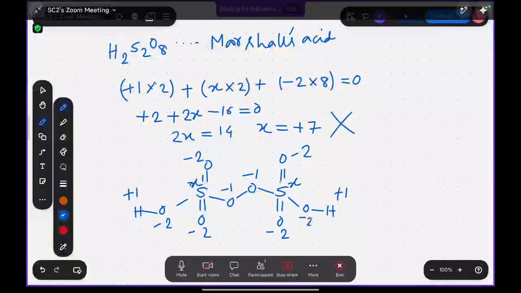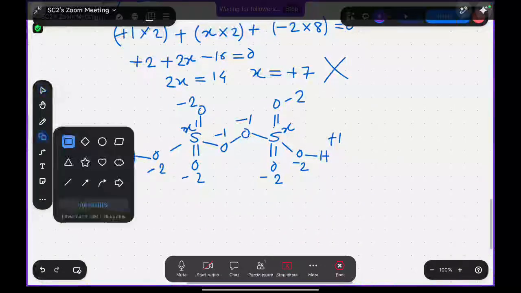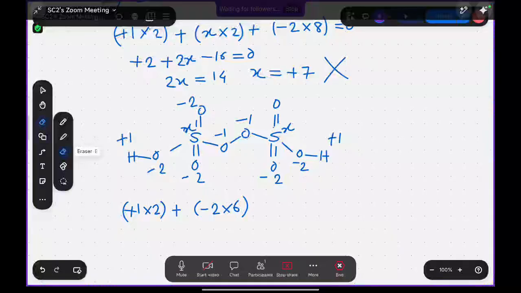Now see, if you calculate what happens, let's see. We are having 2 hydrogen atoms, each having +1 charge, so +1 into 2, plus we are having 6 oxygen atoms, each having -2 oxidation state, so -2 into 6.